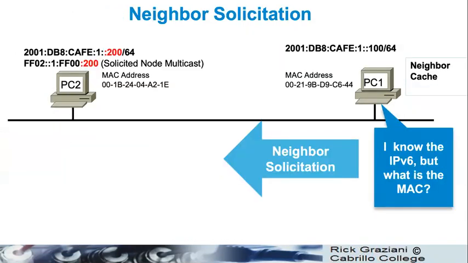Okay, so let's take a look here. Let's say this device here is going to send a neighbor solicitation message for the IPv6 address of PC2. It knows its IPv6 address, but not its MAC address. Now, for the IPv6 address that it's trying to reach, this device will have a solicited node multicast address that maps to that address, which means this multicast address will map to this Ethernet MAC multicast address.